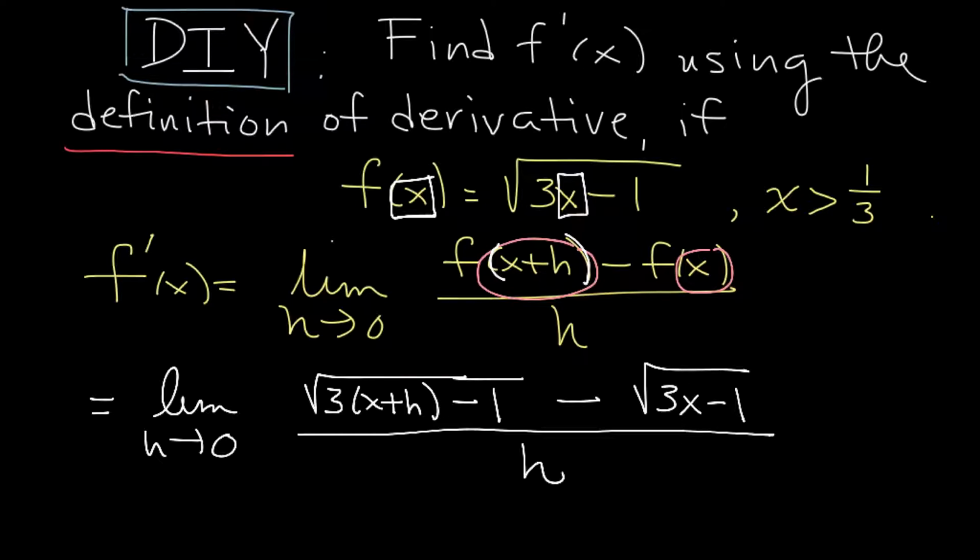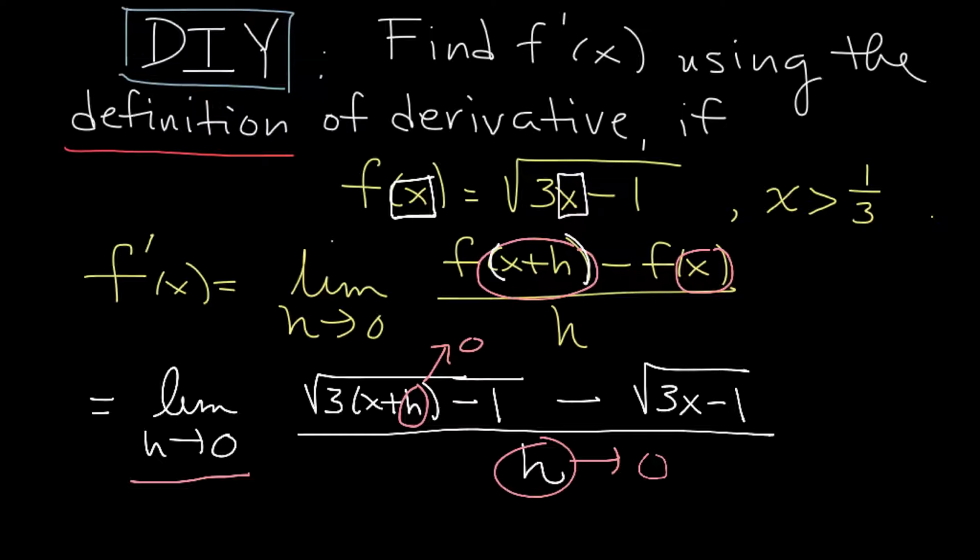Now, if we simply let h go to 0, let's see what happens. If this goes to 0, and this goes to 0, what do we get? Here we get 3x, right? The h goes away, so we get the square root of 3x minus 1 minus the square root of 3x minus 1, and that gives us 0 over 0, which is undefined, so we have to do something to get us out of that jam.